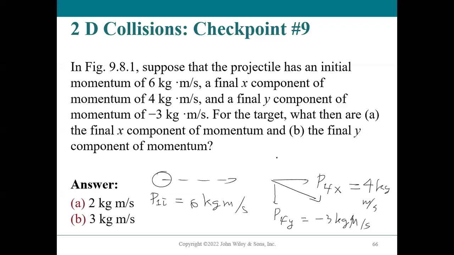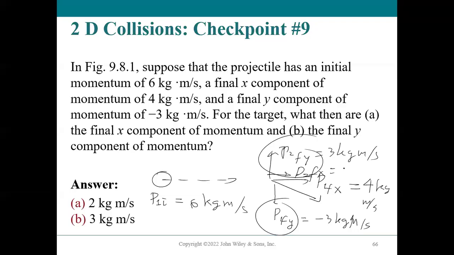So it means that P2 final y is equal to 3 kilograms meter per second, since this one and this one need to be the same. And then P2 final x is equal to 2 kilograms meter per second, since the total is equal to 6. So P2 final x is 2 kilograms meter per second, and P2 final at the y-axis is equal to 3 kilograms meter per second.